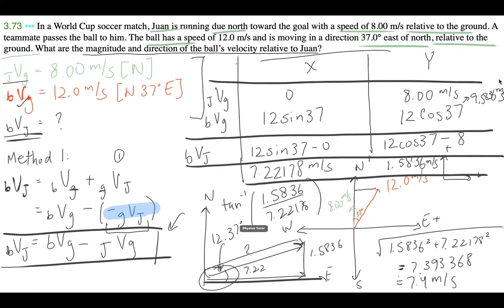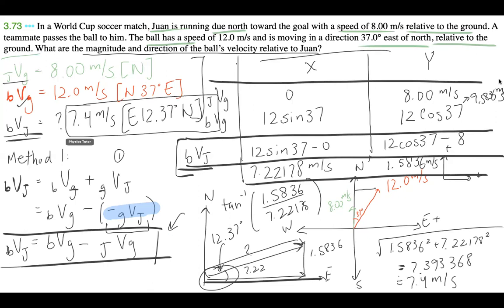So it's going to be east, 12.37 degrees north. Okay, so then our final answer, because we just solved for BVJ, is going to be 7.4 meters per second east, 12.37 degrees north. And that's our final solution.